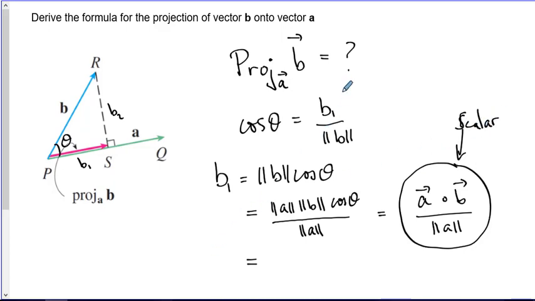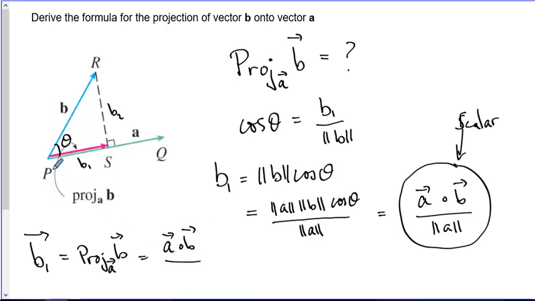But now, if I want to find the vector B1, where I actually mean this vector, which really is the projection onto A of the vector B, what I'll do is take that scalar and multiply it by a unit vector in the direction of A. So take this scalar, A dot B over magnitude of A, which represents the length I want, the length of B1, and multiply it by a vector that points in the direction of A, but it's a unit vector.